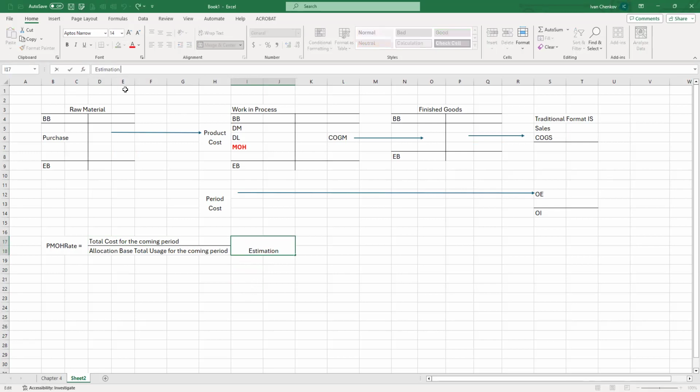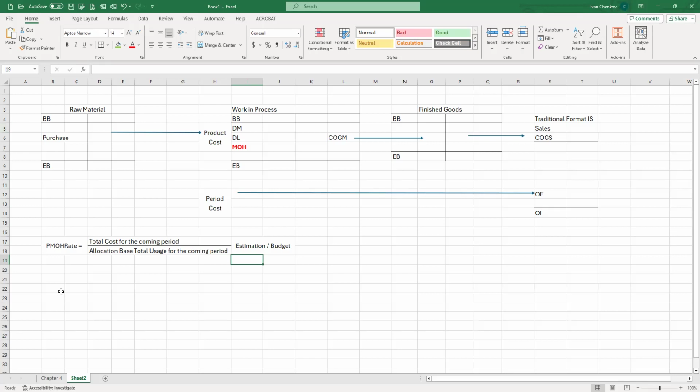Later on, after the break, we're going to also call the estimation a budget, because budget is based on estimation. So we're going to budget some cost for the period that's coming. We're going to budget the total usage of the allocation base for that coming period, and we're going to come up with that predetermined manufacturing overhead rate.